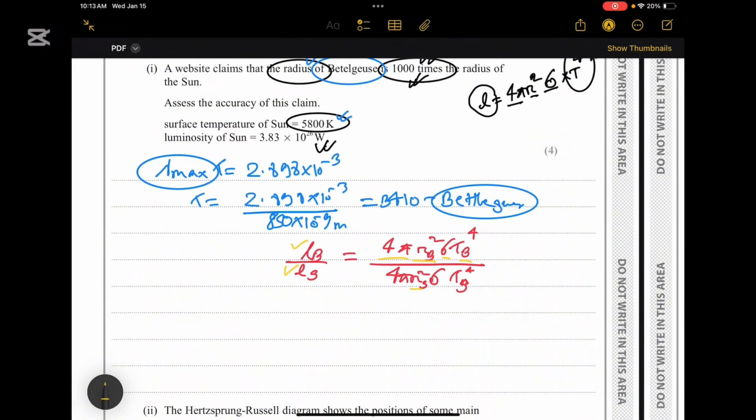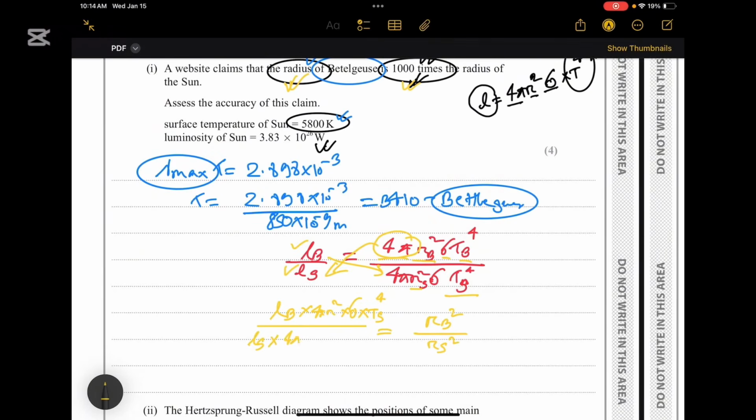So we have to make radius the subject, because we are talking about the radius. If we make radius the subject, radius of B divided by radius of sun squared. Now all of these will go right here: 4 pi sigma temperature of the sun to the power of 4, divided by luminosity of sun.